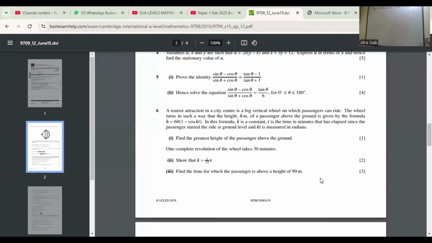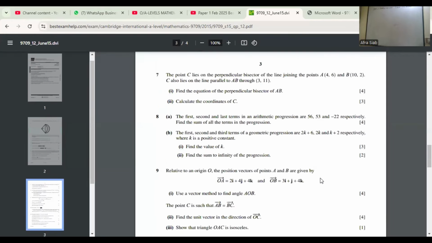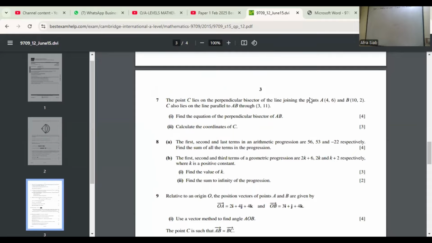Now, question number 7 of this. The point C lies on the perpendicular bisector of the line joining the points A 4, 6 and B. C lies on this plane, parallel to AB is 3, 11.